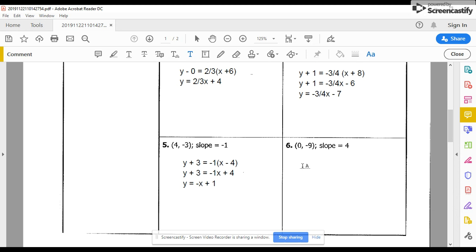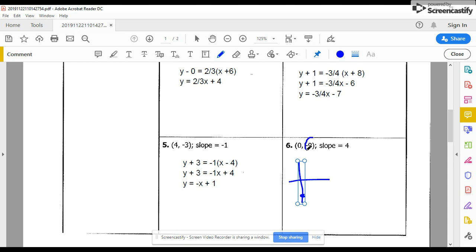Now, on this last problem, I actually am going to cheat a little. It's not cheating. I hope that you guys start to notice this. This point right here, 0, comma, negative 9, if you think about where it is on a graph, 0, negative 9 means don't go side to side, but go down 9. So it's on the y-axis, which means it is the y-intercept.